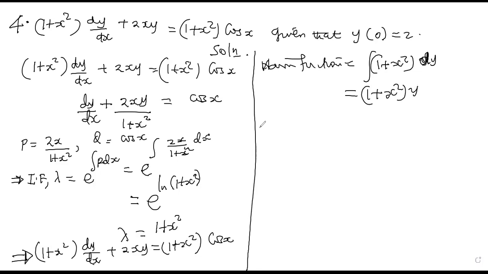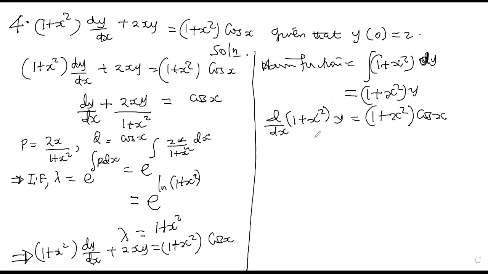Now, the derivative with respect to x of the main function should be equal to the right-hand side, (1 plus x squared) cos x.